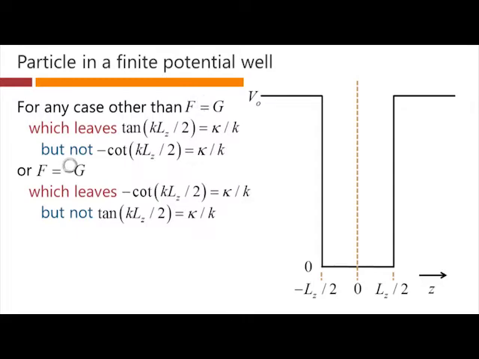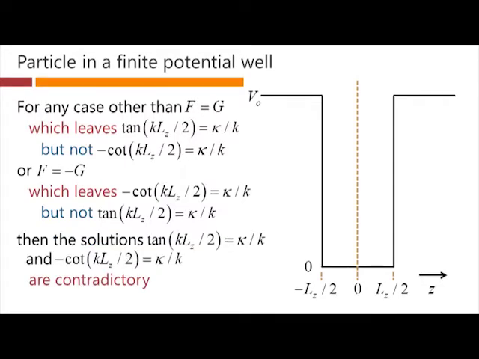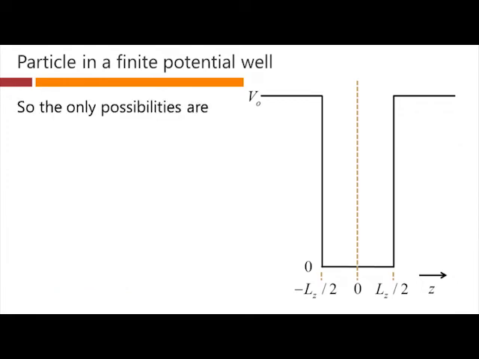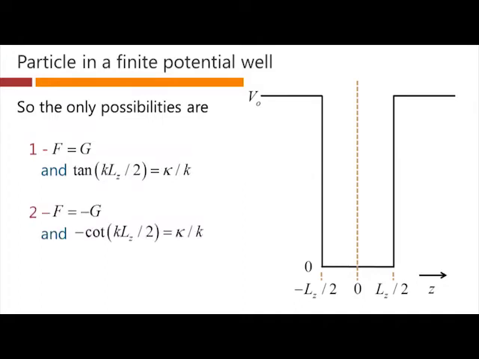For any case other than these two, we would appear to have both of these relations trying to apply, but that can't work because the tangent of this is never equal to the cotangent of this. And so these two would contradict one another. So the conclusion is that the only possibilities are that f is equal to g or that f is equal to minus g. So, first possibility, f is equal to g, and then this condition is going to apply. Or f is equal to minus g, and this condition is going to apply.